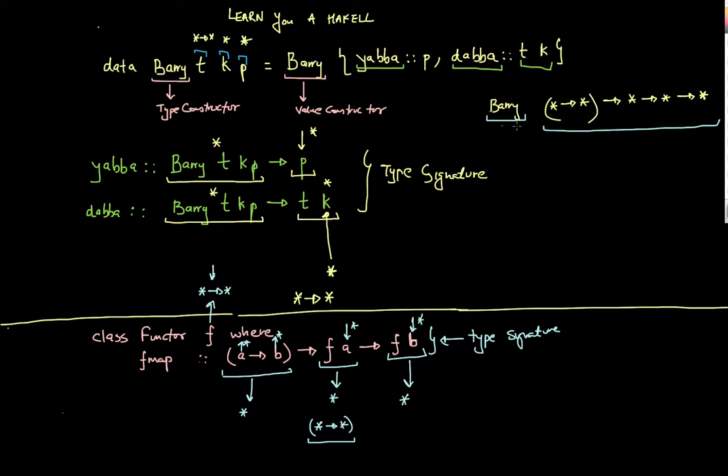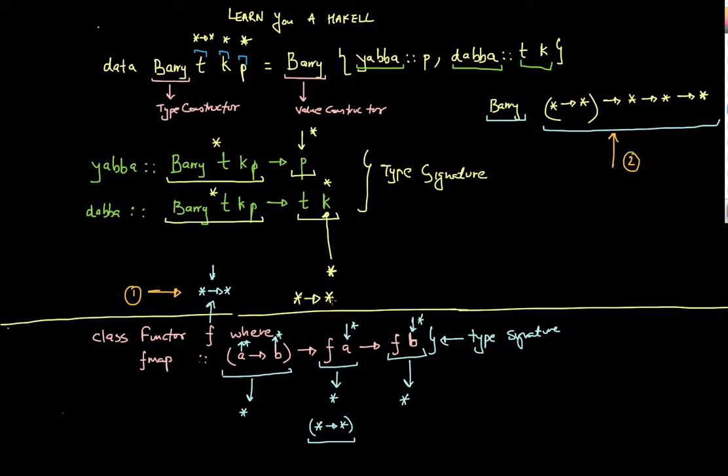Well, I cannot use Barry as it is, because the kind signature of Barry and the kind signature that is expected in my Functor type class are very different. If I look at the kind signature over here, let's call this 1, and the kind signature for this entire thing, let's call this 2, I can see that both of them are completely different.